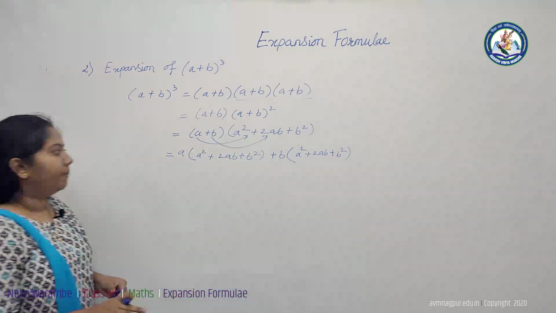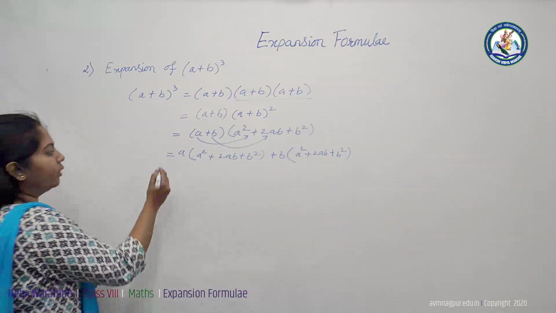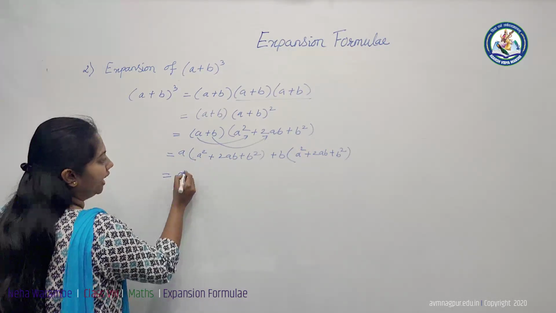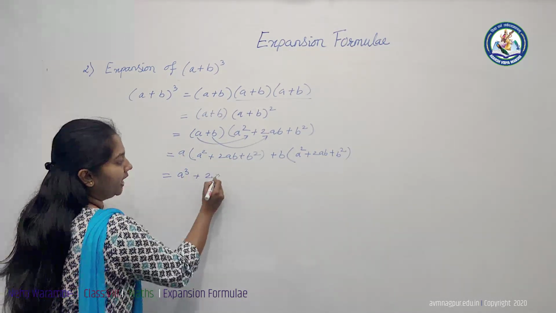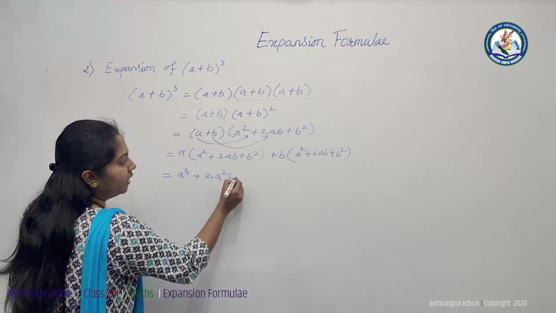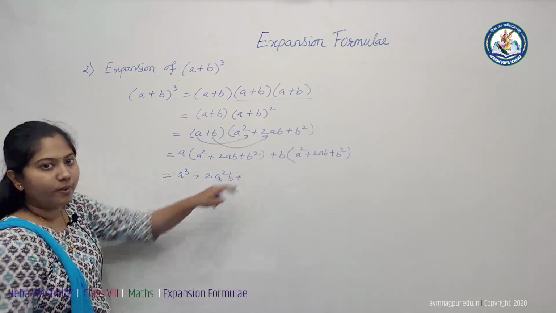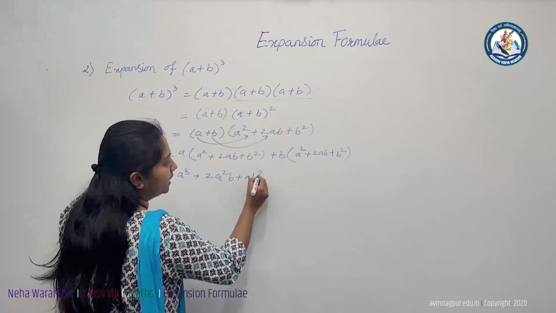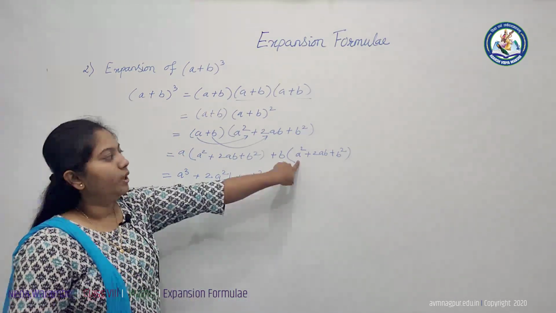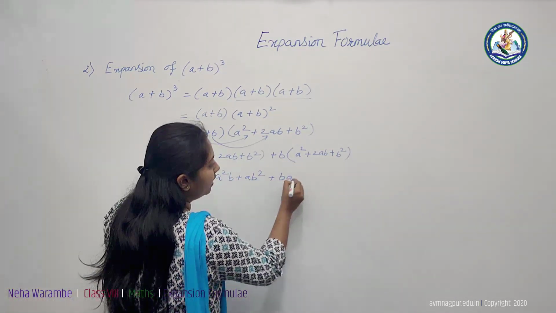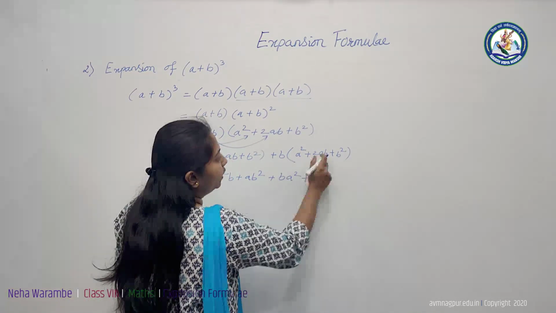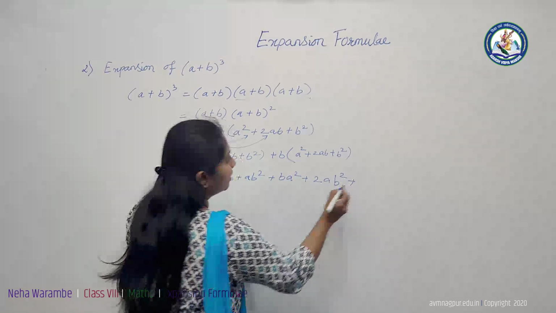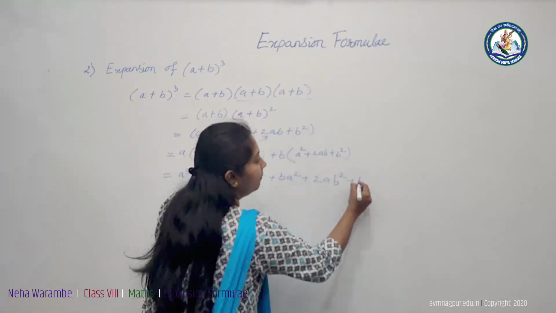Now multiply this monomial term into this trinomial: a into a^2 is a^3, plus 2 into a^2 into b, plus a into b^2. Then b into a^2 is a^2 b, plus 2 into a into b^2, plus b into b^2 is b^3.